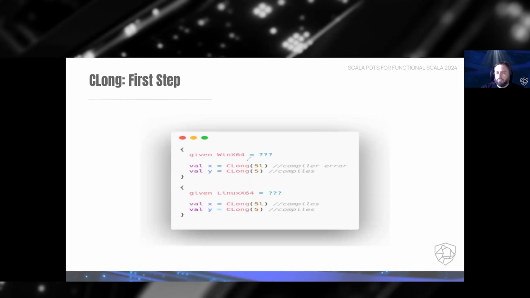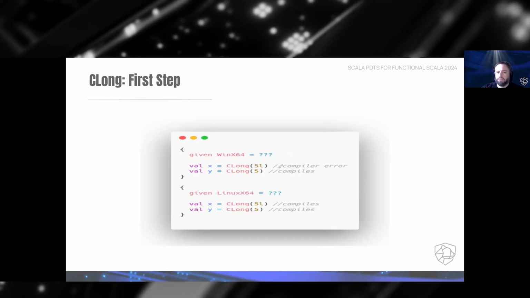And so with the simple implementation, we can start to see things start to bear fruit. Here, I have two scopes. In one, I give a Win x64 context, although I'm not really giving it because I'm just using question mark as the instance. And inside of this scope, the apply method on CLong will not accept a long literal as input.